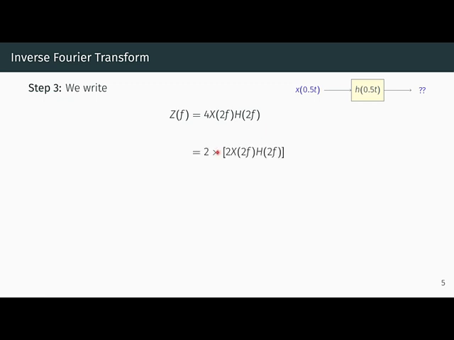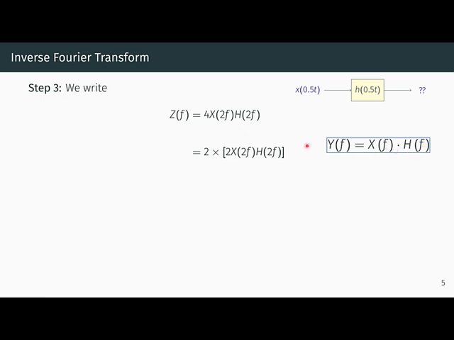Let us write the given Z(f) in this fashion, which is nothing but 2 times 2X(2f) times H(2f). Why? I'll just tell you. Recall the output of the original LTI system: Y(f) would be equal to X(f) times H(f).